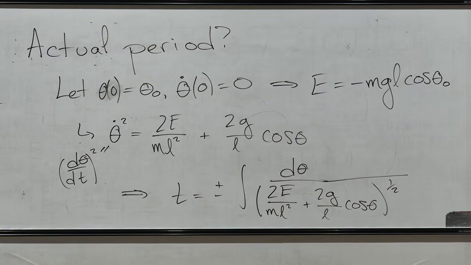If I could just integrate that, then I would have an expression that tells me the time as a function of theta, and if I can invert that, I would get the total path theta of t. Right?